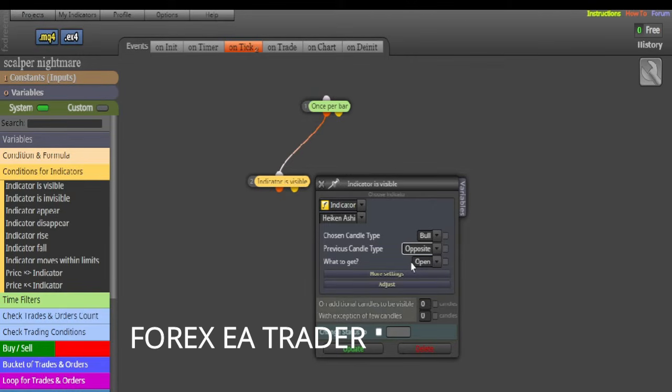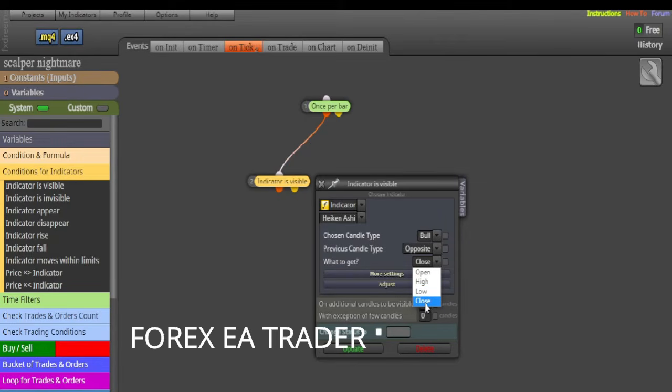Before we go to the candle, what to get, we are obviously looking for the close. We want the first bullish candle to close. You can choose whatever you want: the high, the low, or the open. Just understand what open, high, low, and close mean when it comes to candles.